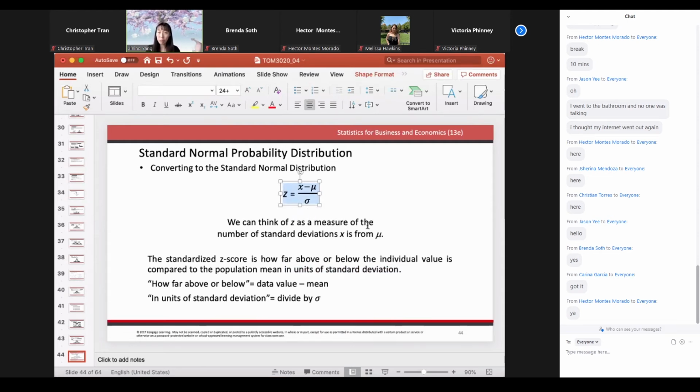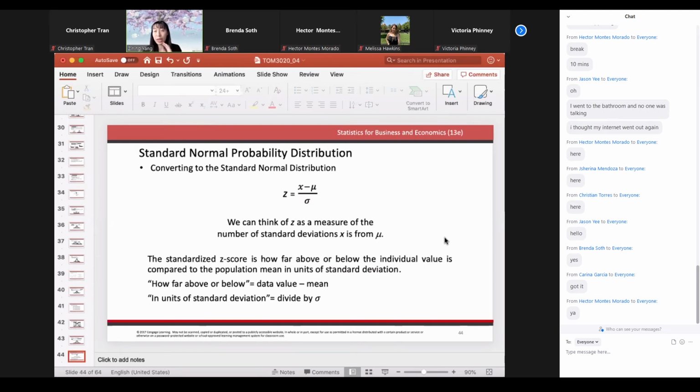Z-score equals x minus mu divided by sigma. So it measures how far above or below, right? If you are above, it should be a positive number. If you are below, it should be a negative number. And how far above or below in unit of standard deviation. So obviously divided by standard deviation. So that's a calculation of z-score.